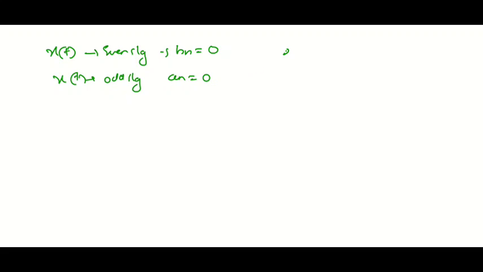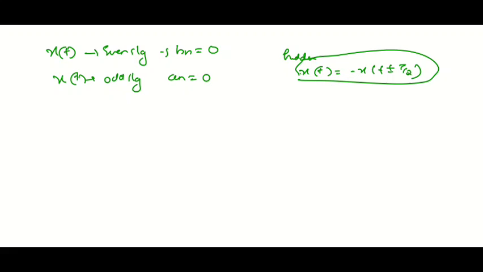If it is having hidden symmetry, that is, if it is a half wave symmetric wave, x of t is equal to minus of x of t plus or minus T by 2. Please have a look at whether it is satisfying this property, then it is said to have half wave symmetry.